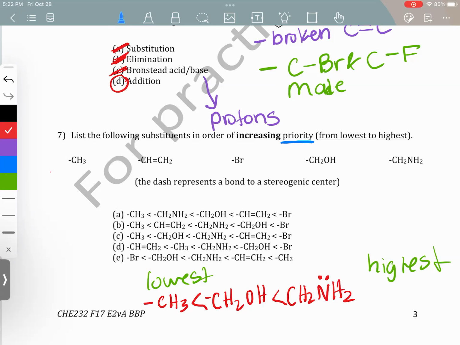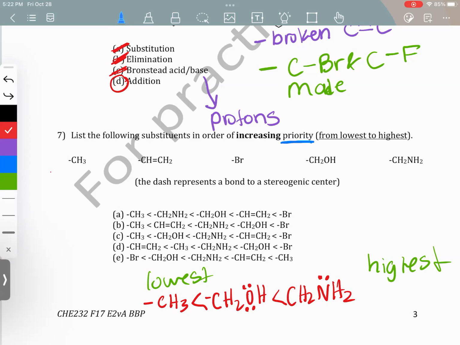And lone pairs on nitrogen are very high in energy and reactive. And since oxygen here is very electronegative, its reactivity is not so high. So this is lower in energy than nitrogen. Molecules that are higher in energy have higher priority. So that's why the NH2 attachment to the carbon comes after the oxygen attachment.